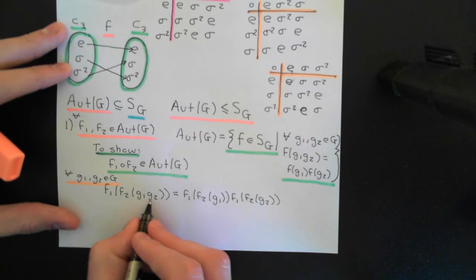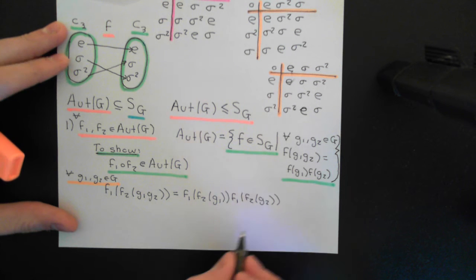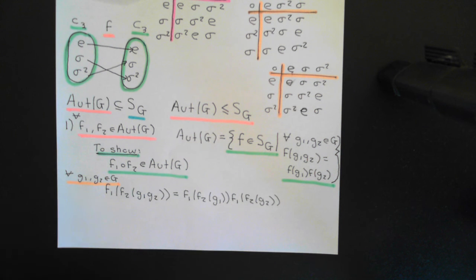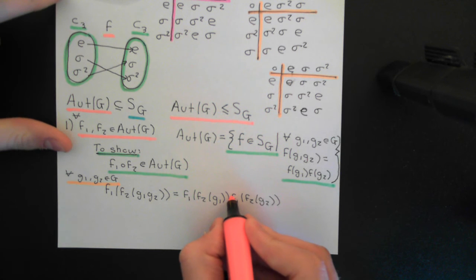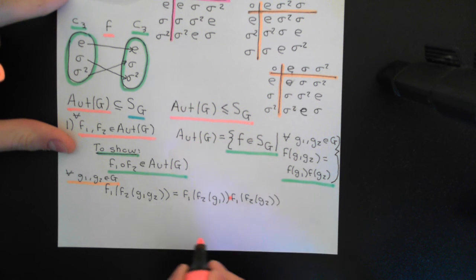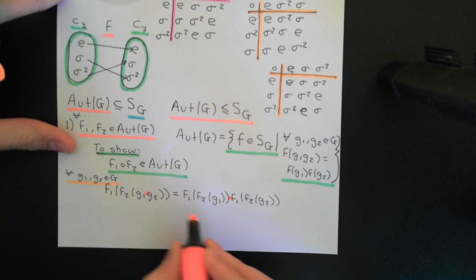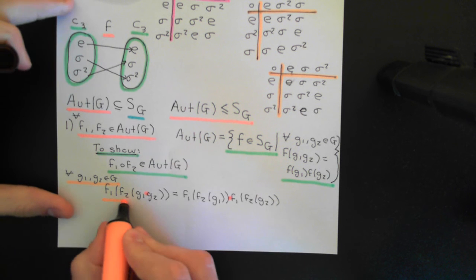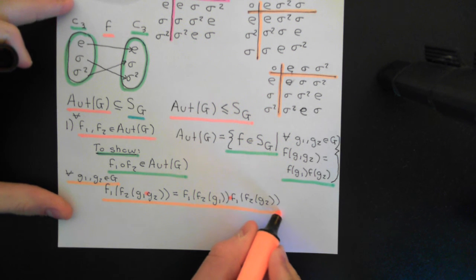I'm just writing elements of the group next to each other to denote composition. I might just stick it in here because this does look probably a bit more complicated without it. So it actually might simplify it if I put the composition law in here. So these red dots are compositions in the group capital G. So this is what I need to show. I need to show that these two sides are equal to one another.